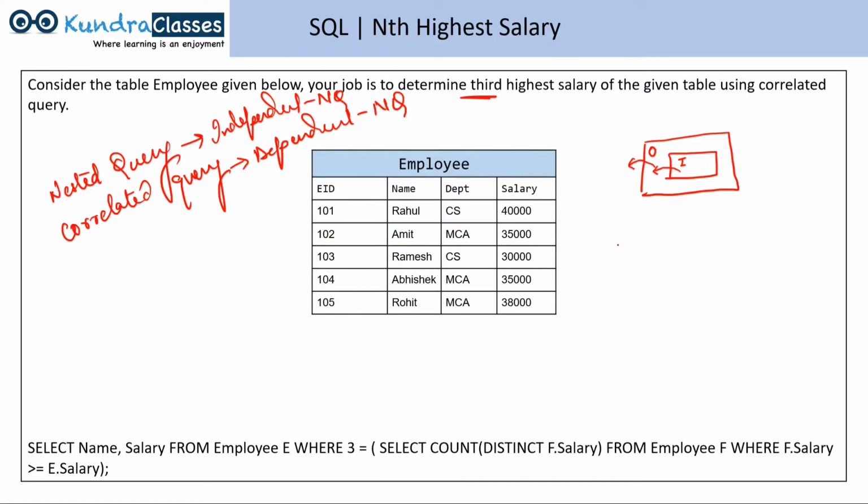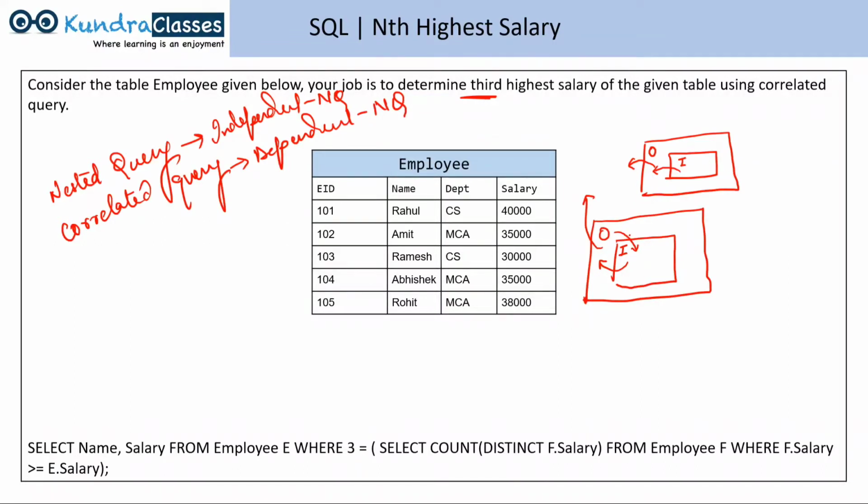Fine. But if I talk about correlated nested query, then if this is the outer query and this one is the inner query, what actually happens? The inner query first depends on the input given by the outer query, then the inner query gives its result back to the outer query, and finally the outer query gives the final output.